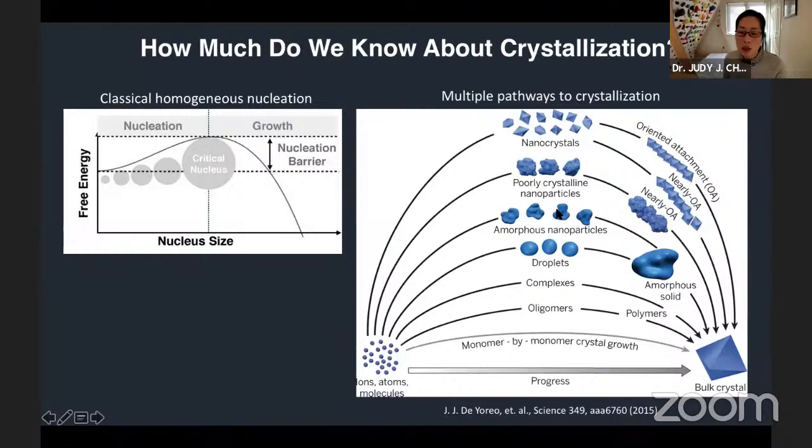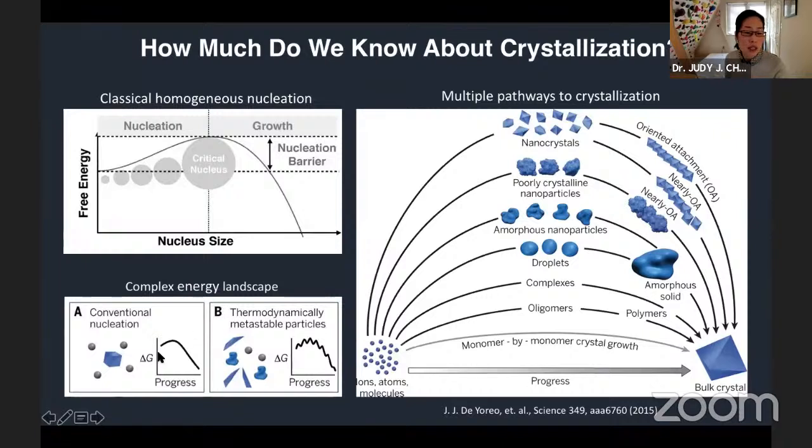All of these multiple pathways also mean that the energy landscape is not a smooth function of the radius of the nucleus, where you have an R squared and R cubed term balancing each other. Instead, you could have many different metastable local minima, and depending on how deep these local minima are, they can be fairly stable under normal conditions.